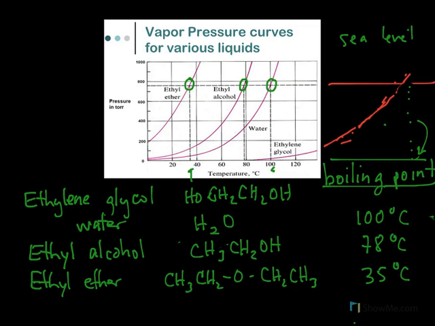So this obviously is very high, and you can look it up on Google. I just did that, and the boiling point of ethylene glycol is 197 degrees Celsius. So if we had extended the x-axis, this would be 197 degrees Celsius.